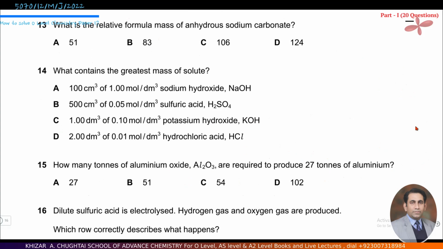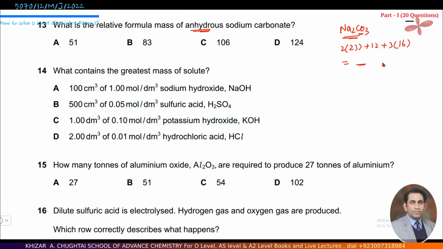Question number 13. What is the relative formula mass of anhydrous sodium carbonate? The formula of anhydrous sodium carbonate is Na2CO3. Anhydrous means there is no water of crystallization. So what is its mass? 2 into Ar of sodium, that is 23, plus Ar of carbon, that is 12, plus 3 into Ar of oxygen, that is 16.